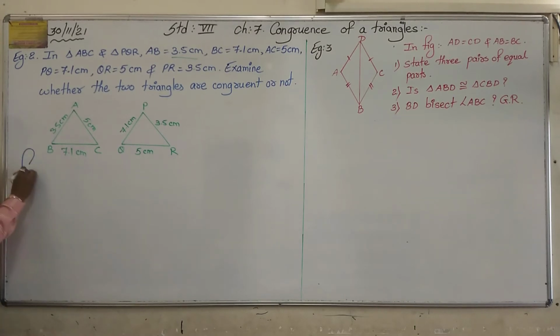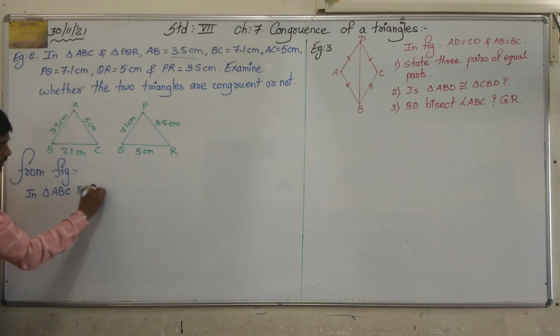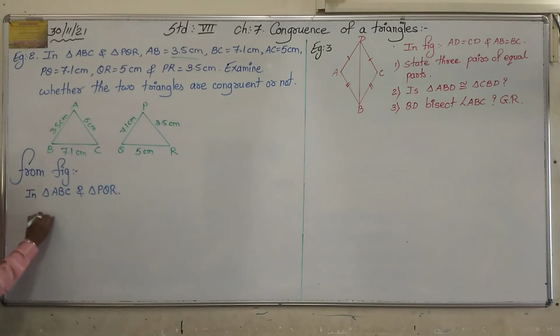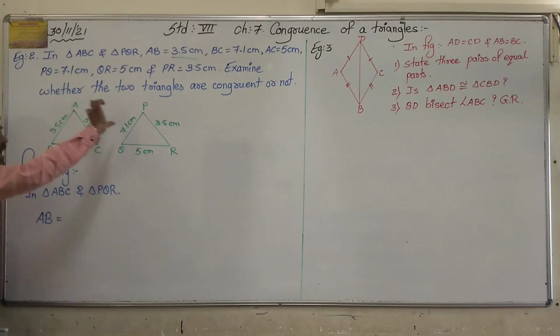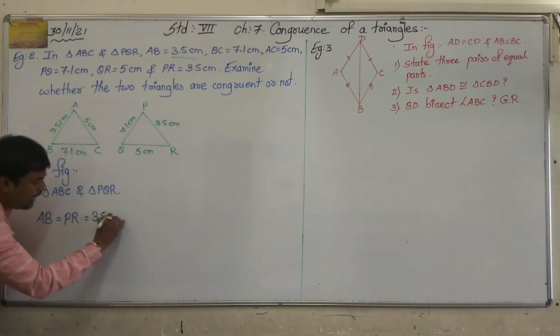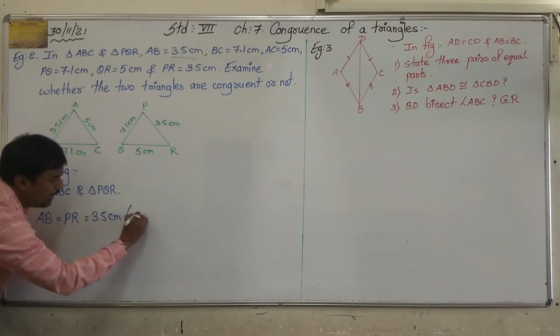So from the figure, in triangle ABC and triangle PQR, AB is same as PR, which is equal to 3.5 centimeter.